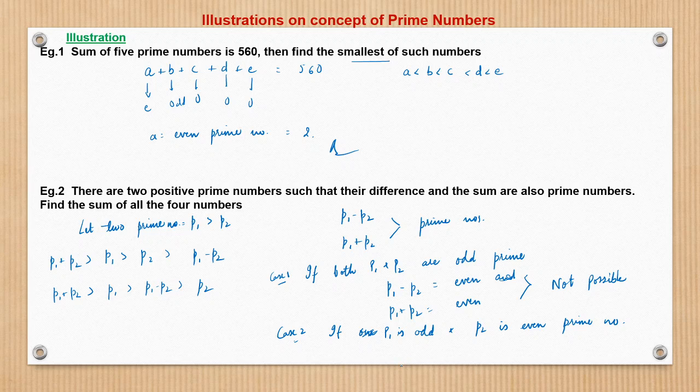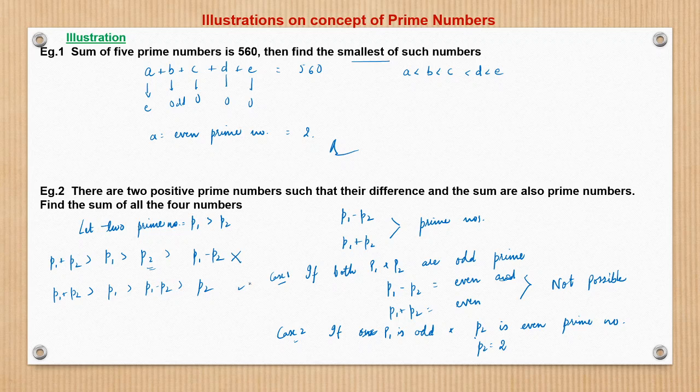So what happens here? From here we get that P2 is equal to nothing but 2, right? And now see, P2 is 2. So P1 has to be more than P2, and P1 minus P2 will be less than P2. So do we have any prime number which is less than 2? Not possible. This case is not possible.